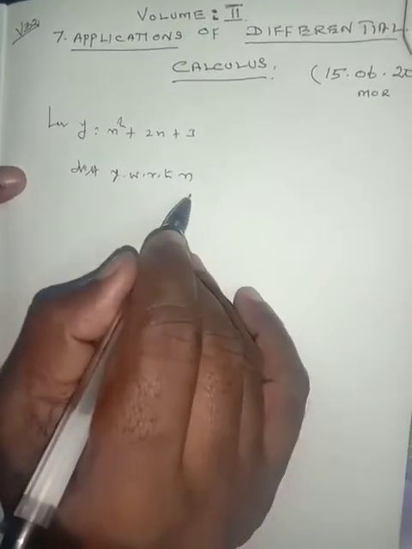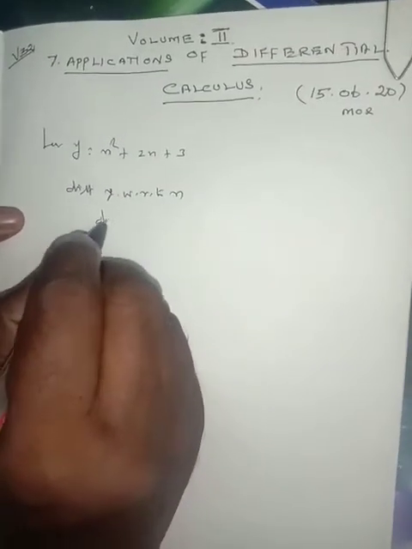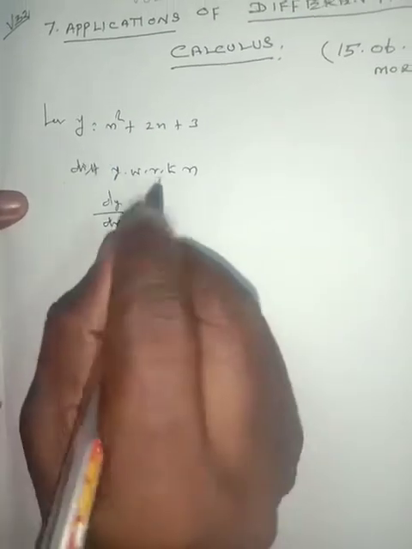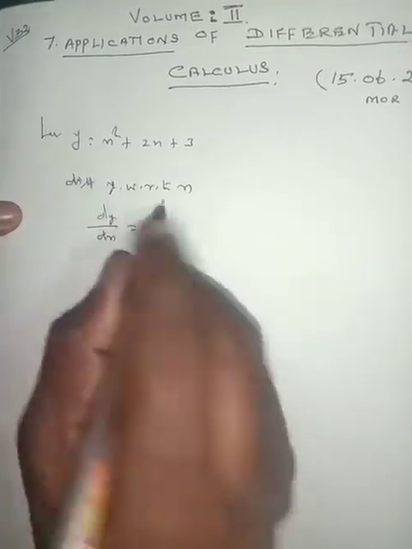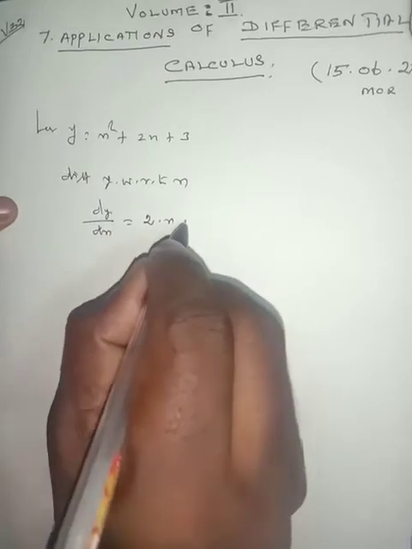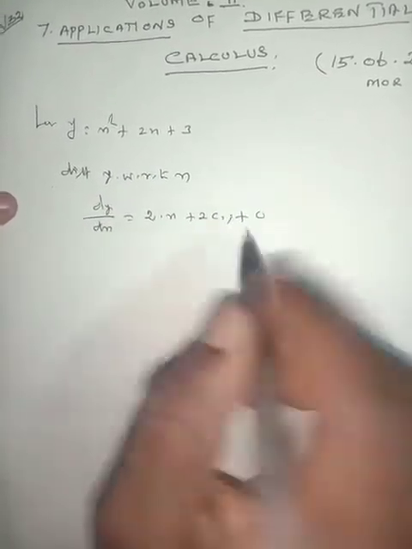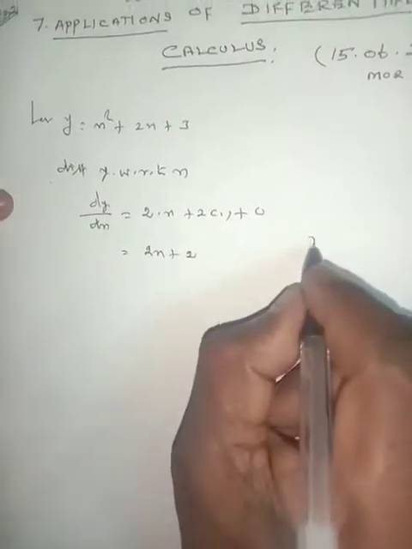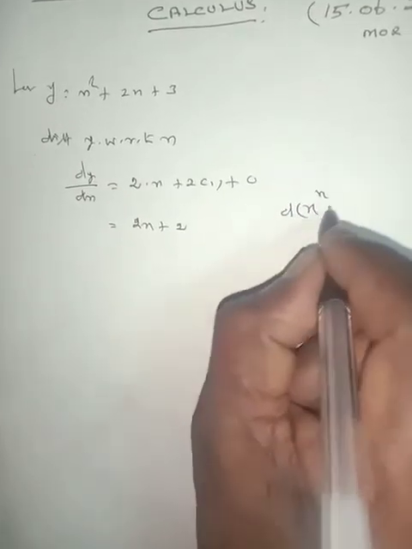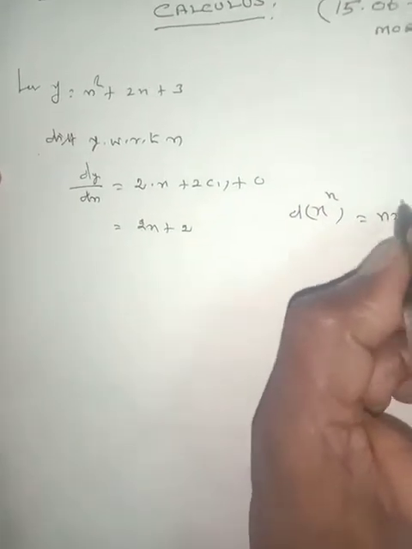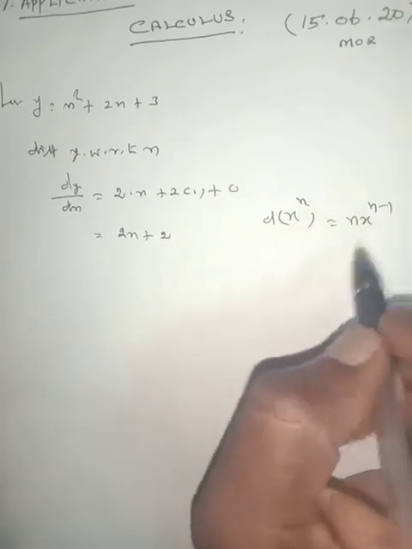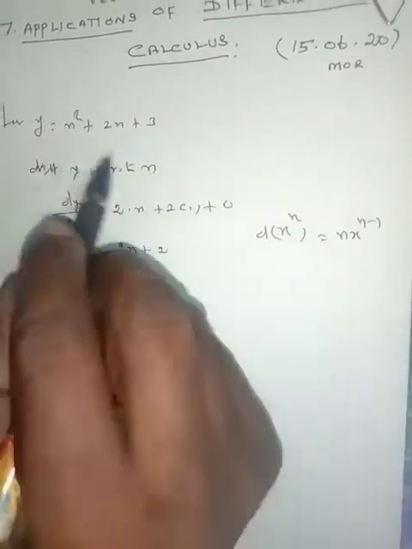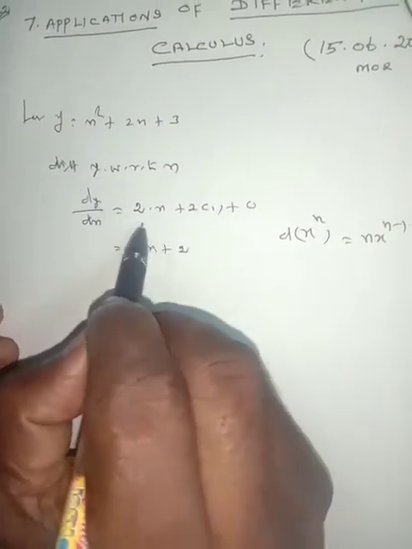Then differentiate y with respect to x is dy by dx is equal to, using x power n formula, n x power n minus 1, 2 into x plus 2 into 1, constant differentiation 0. Okay, is equal to 2x plus 2. x power n differentiation is equal to n x power n minus 1. This is nth derivative formula, using x square, so 2x.